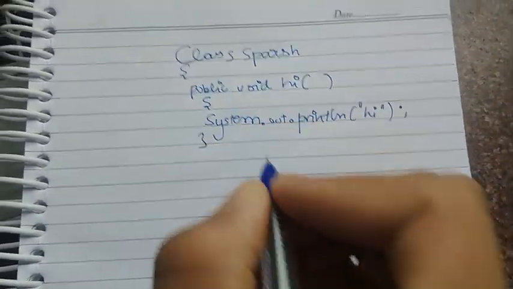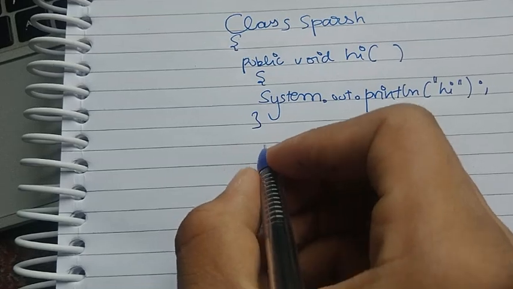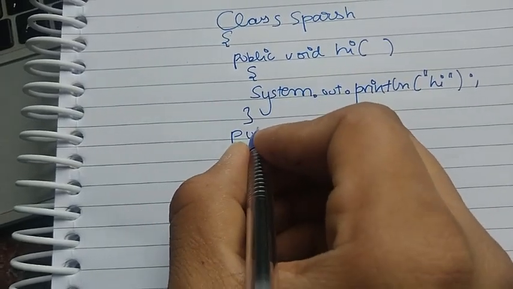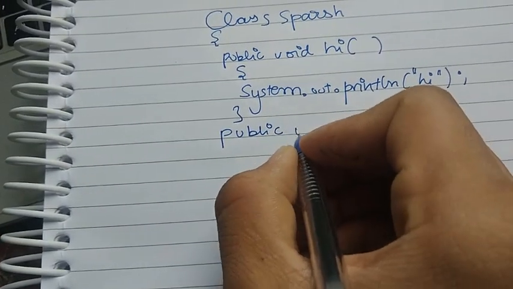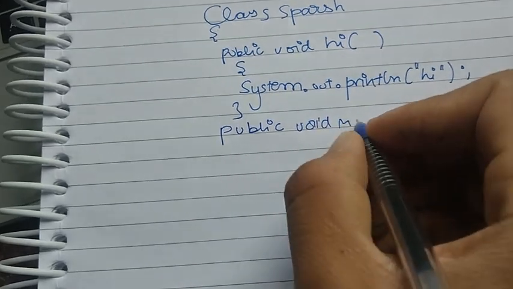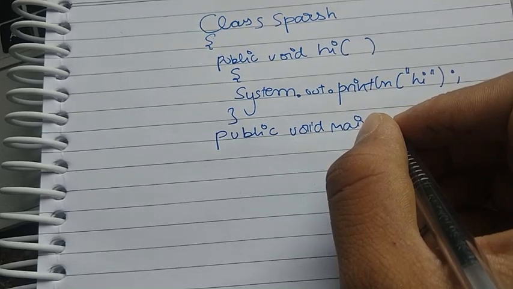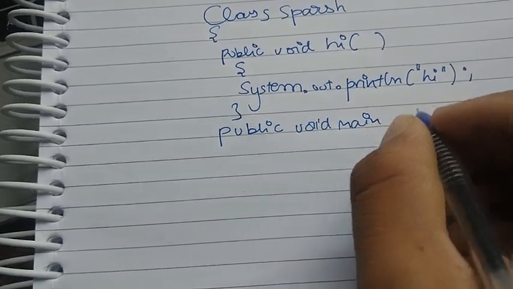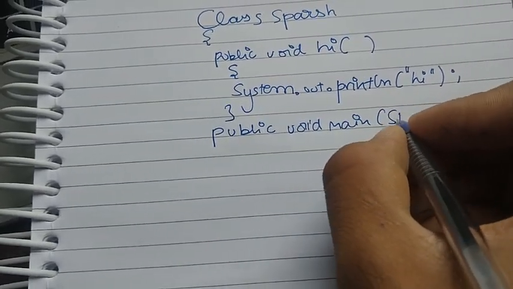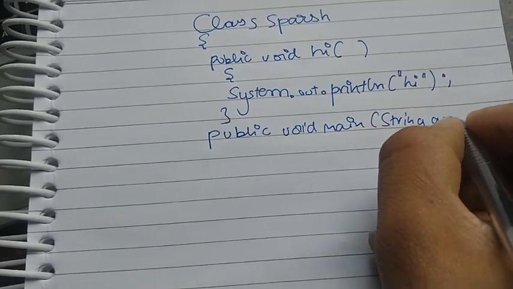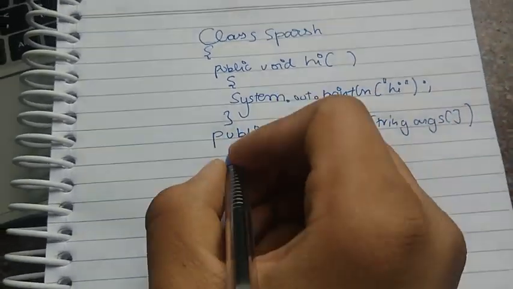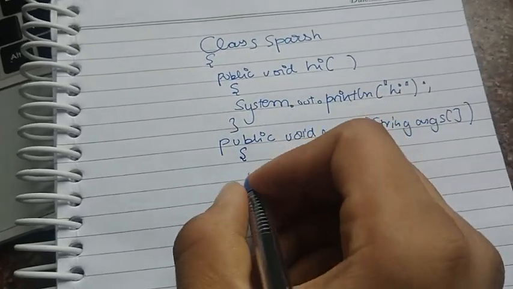We close this function, and now we make our main function, public void main. Since we are calling this function with an object, we don't need static here. String args. And now let's make an object.